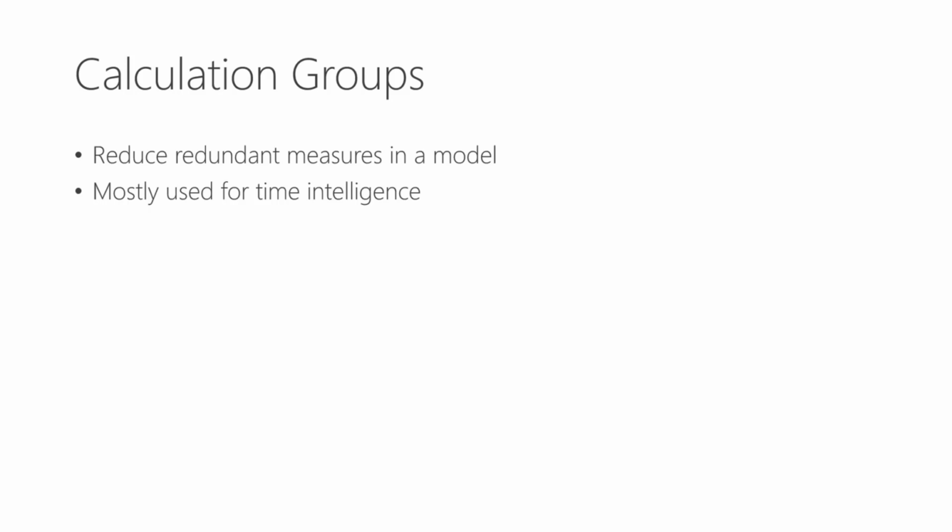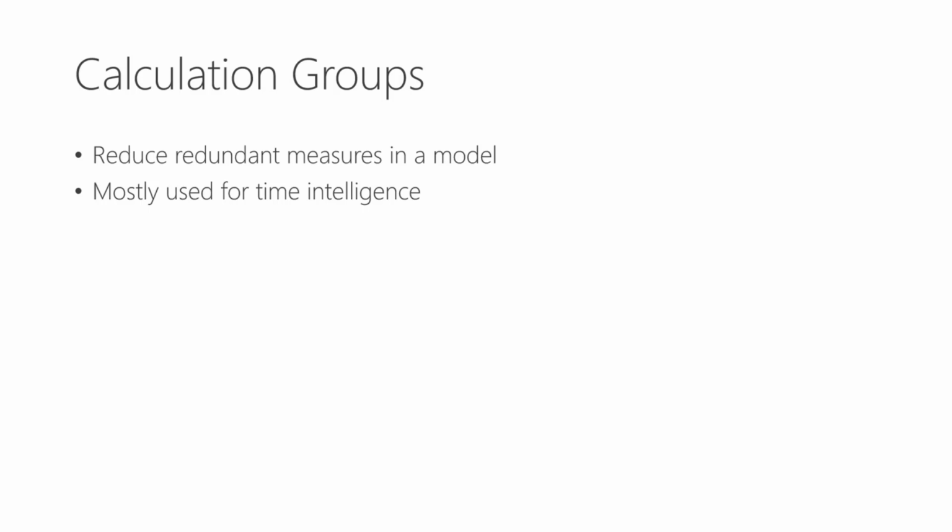And these calculation groups are mainly used for time intelligence purposes. I had taken you through a bit of time intelligence previously as well. Typically, we build measures related to last year, year to date, month to date. So all these are called time intelligence. The most common use case of calculation groups is time intelligence, but that does not mean that's the only use case.